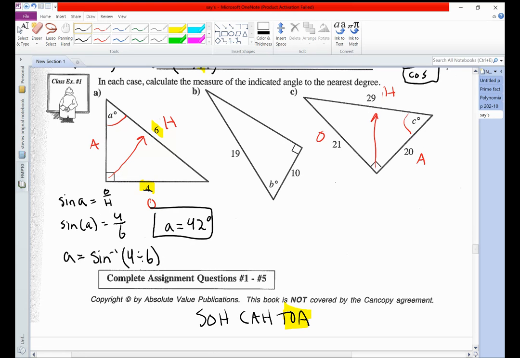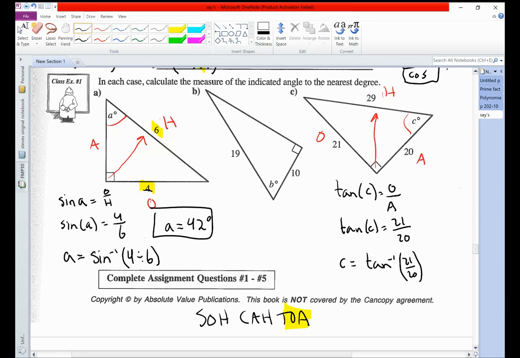So I'm going to say, well, tan of A is equal of C, sorry. We're doing angle C now. Tan of C is equal to the opposite over the adjacent. So if I fill that in, the opposite is 21. The adjacent is 20. When I'm looking for an angle, I use my inverse function, tan to the -1 of 21 over 20.